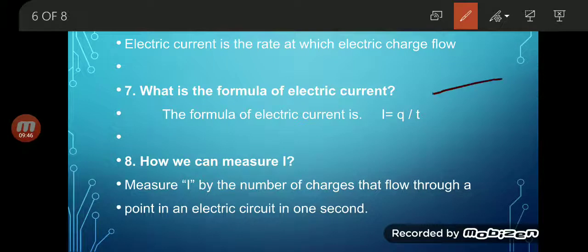For example, if this is an electric circuit and this is a wire, at this point you see how many charges are flowing through in 1 second.